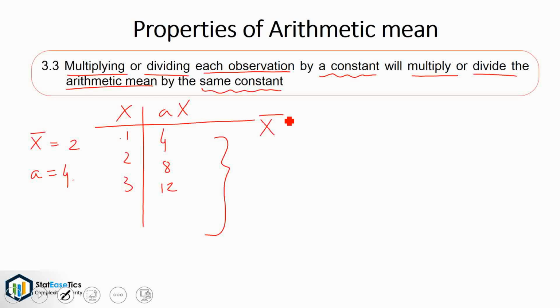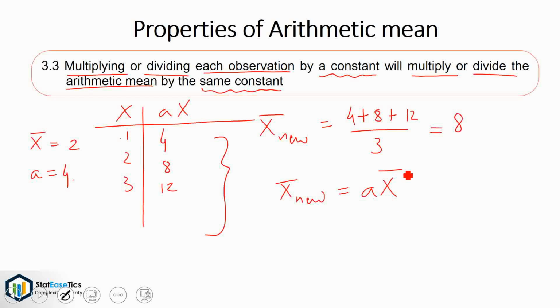Calculating the mean of the new data set, that is 4 plus 8 plus 12 divided by 3, which is equal to 8. According to the property, the new mean is equal to the multiplication of the constant to the original mean, that is 4 into 2, which is 8.